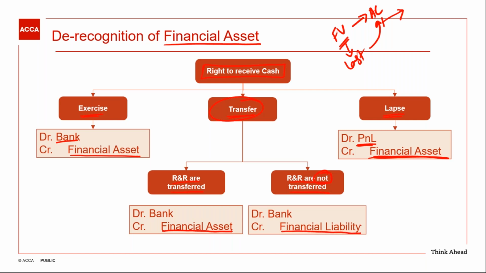Rather, we will be recording a financial liability instead of that. If they have not been transferred, we will record it as a separate financial liability, and we are going to solve one of the past paper question for this as well in the later slides.